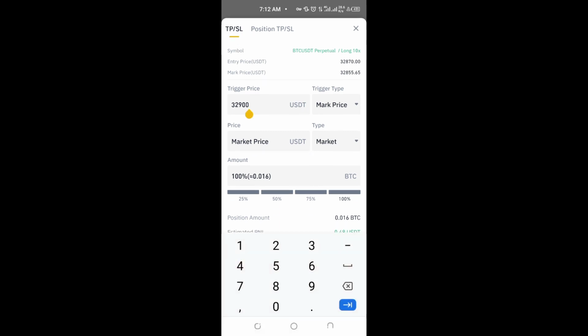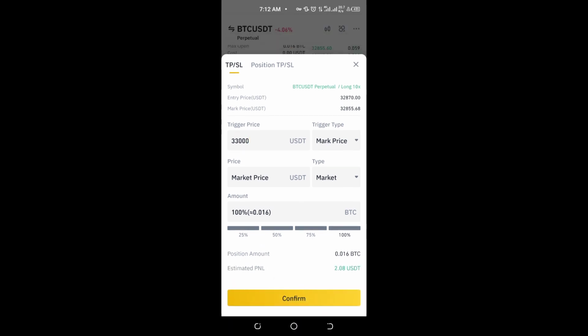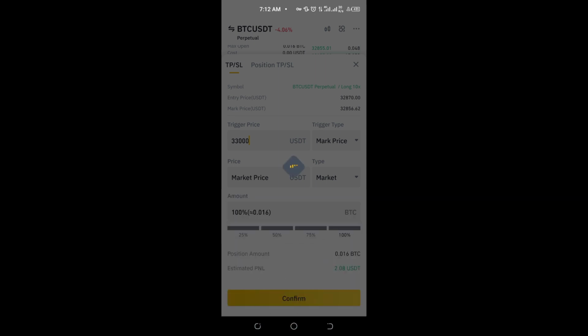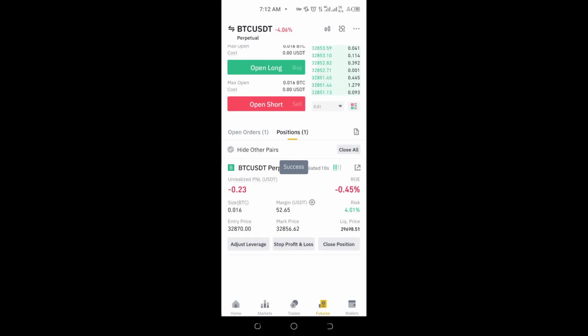That is relatively small. Let's say to 33,000. So if the market moves up to 33,000, we'll be making a profit of 2.08 USDT. So we take confirm. So we have set our take profit already.